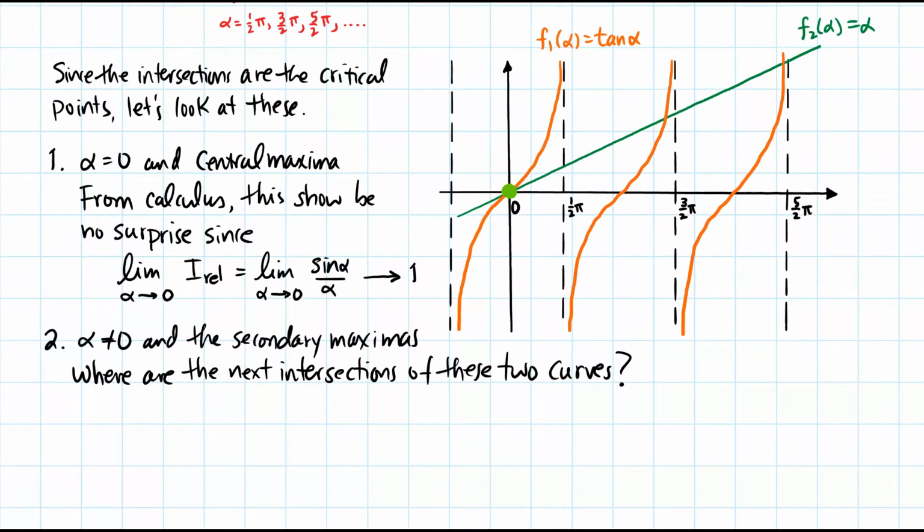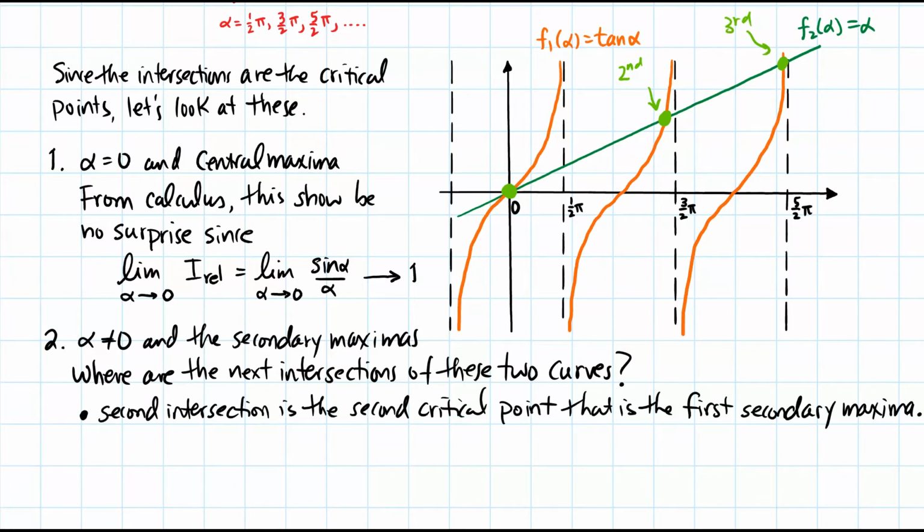The second intersection or crossing is right here, and then this one right here is the third crossing. The second intersection is the second critical point, that is the first secondary maxima.